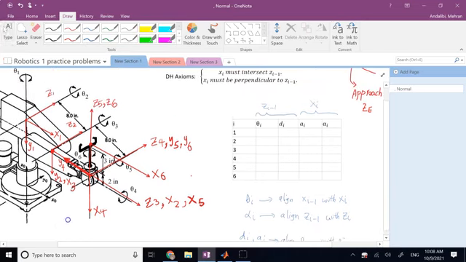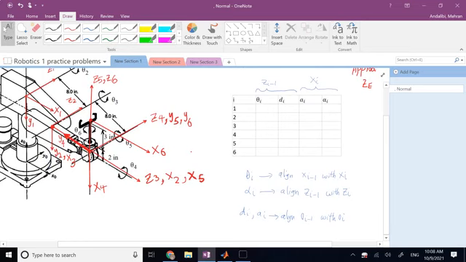Okay, so these are the four parameters of DH. Please watch my previous videos on DH convention if you want to get a clarified definition of these, right? Look at the shape of the DH that I provided, so you can review that.